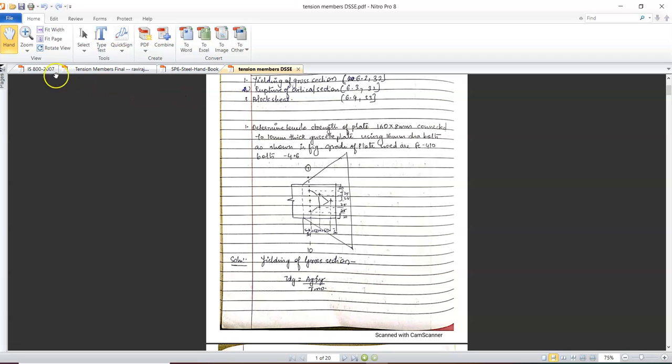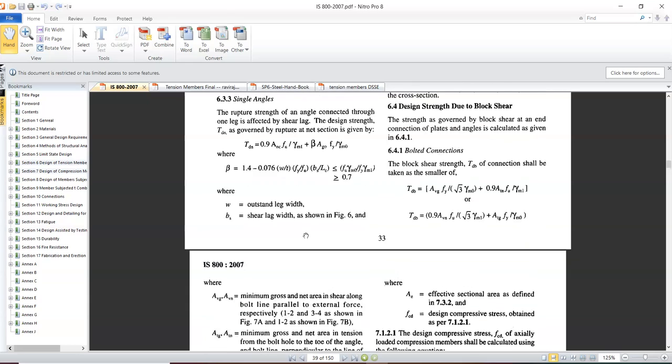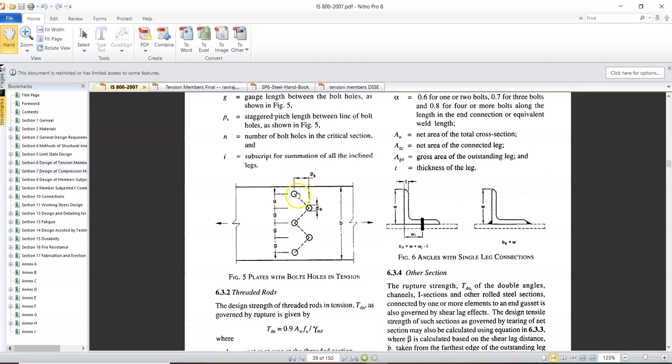Usually a plate tends to fail by block shear only when the bolts are arranged in horizontal rows and vertical rows. If they are arranged staggered, like this or like this, or in a diamond pattern, such plates do not fail by block shear.